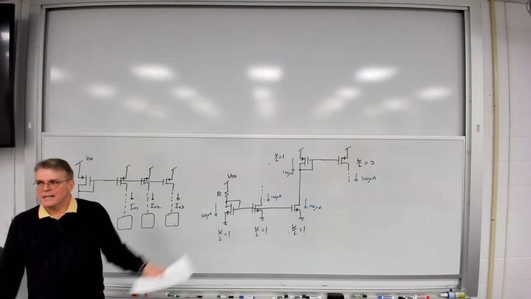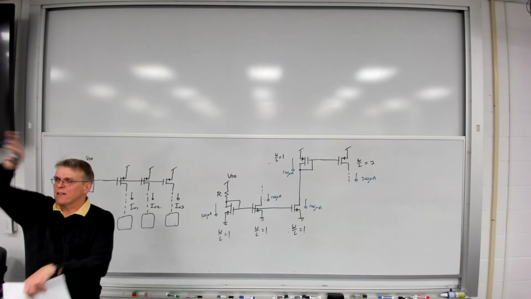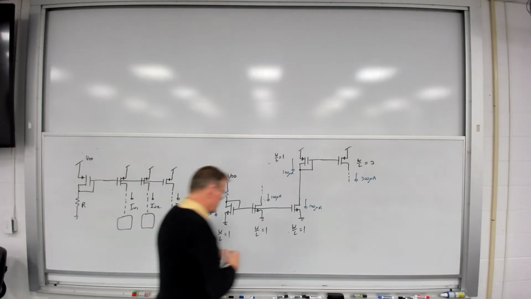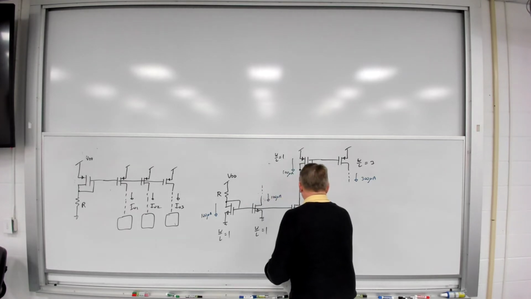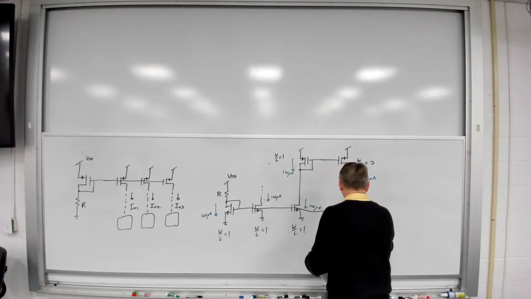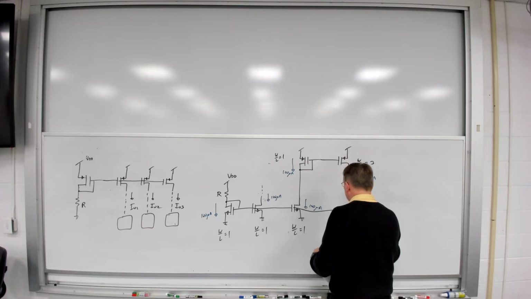And of course, I can continue this process on either the PFET or the NFET side. So I could take this, I could extend this with a width to length ratio of 2, and then this will be equal to 200 microamps and sink here.